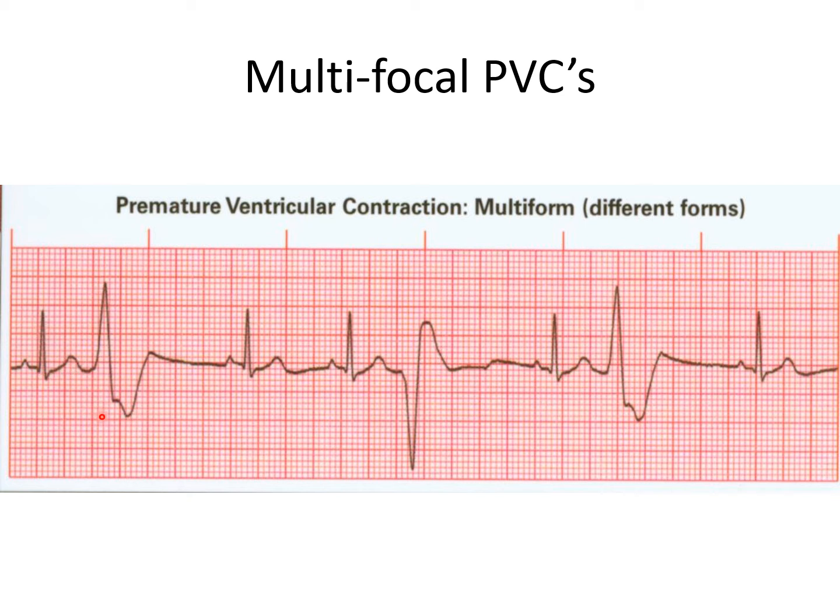Something wide and bizarre, a PVC. P, QRS, T. P, QRS, T. Uh-oh, I don't get a P. My next thing is a PVC. This is wide and bizarre. P, QRS, T. Another PVC.